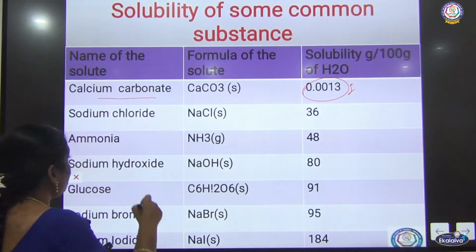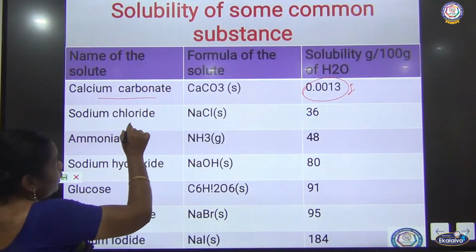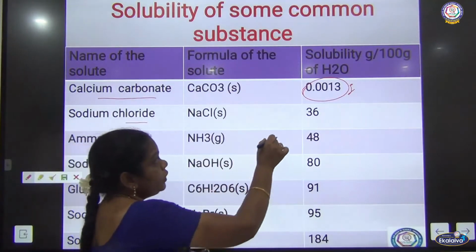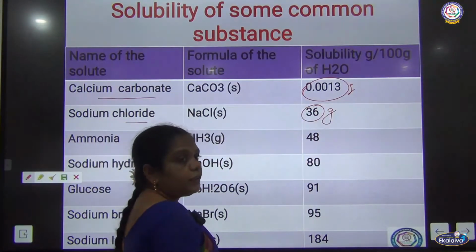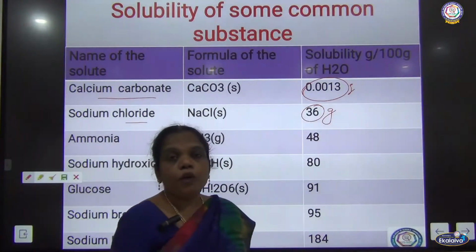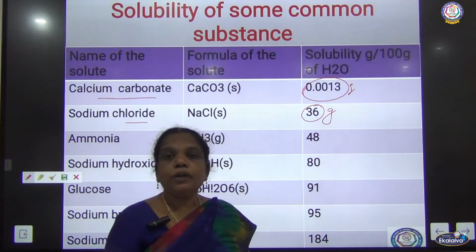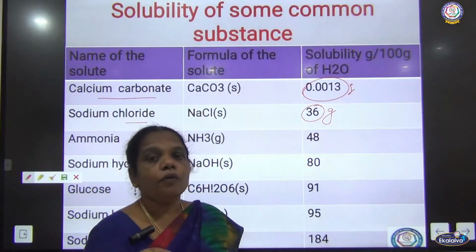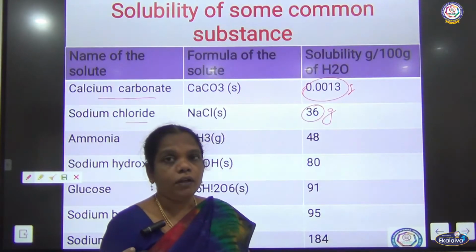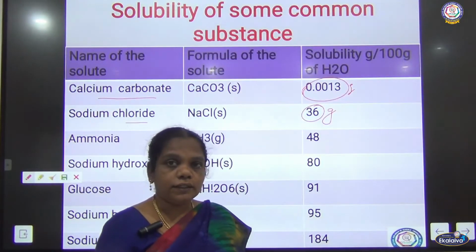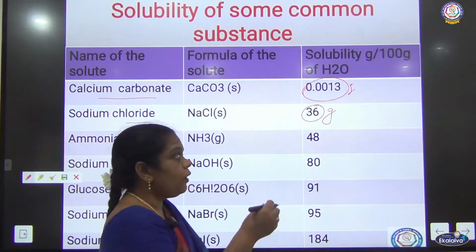And next for sodium chloride, the amount for the saturated solution is 36 gram. So 36 gram of sodium chloride can be soluble in 100 gram of water, and we are not able to dissolve any more salt above 36 gram. So this is called what?